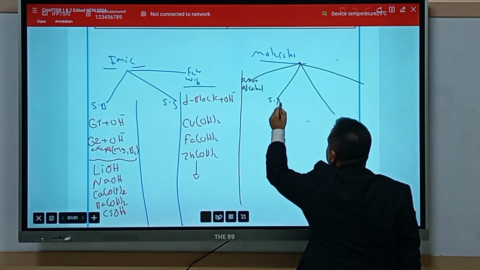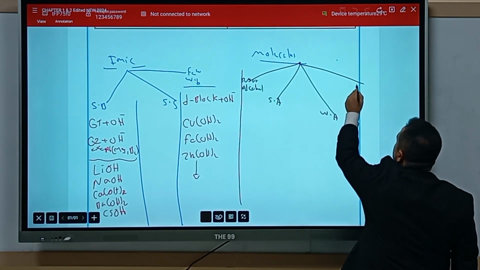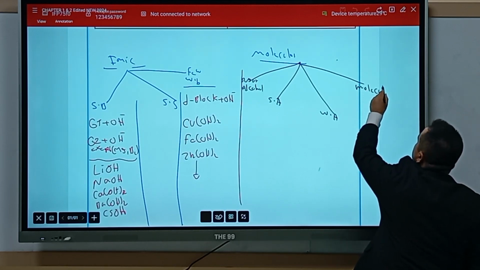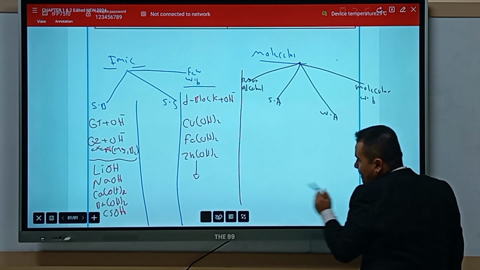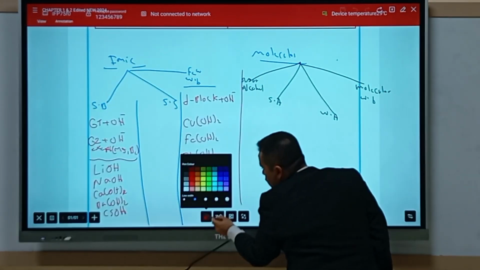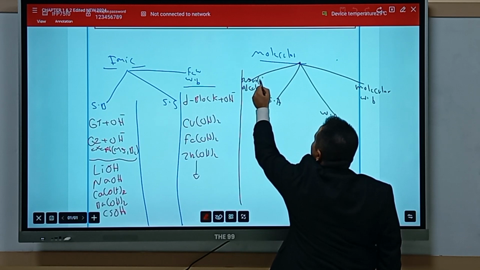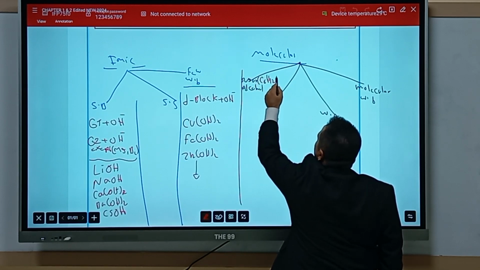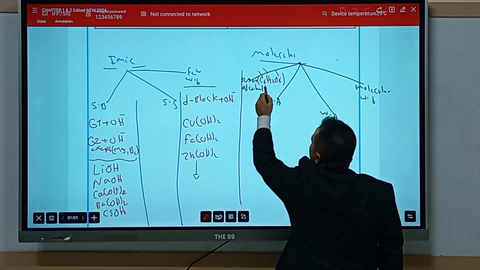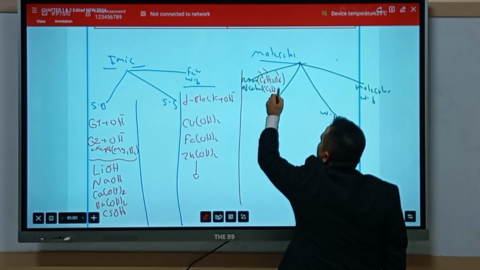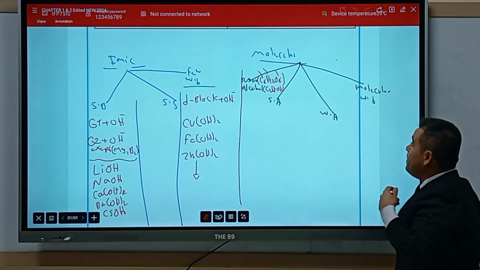The strong acids, weak acids, and molecular weak bases. The sugar can be C6H12O6, carbon, hydrogen, oxygen. Alcohol C2H5OH, CH3OH.